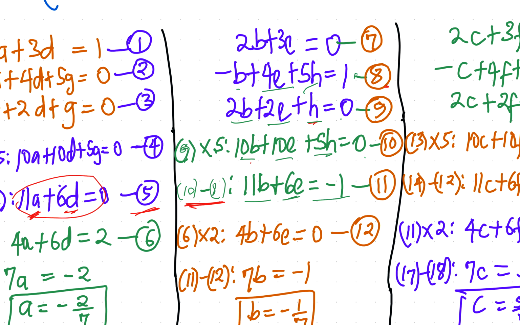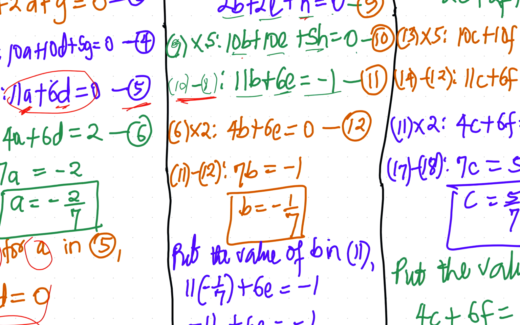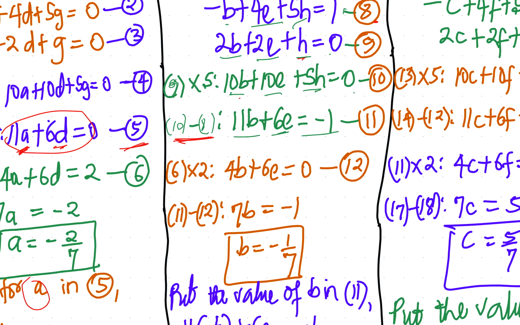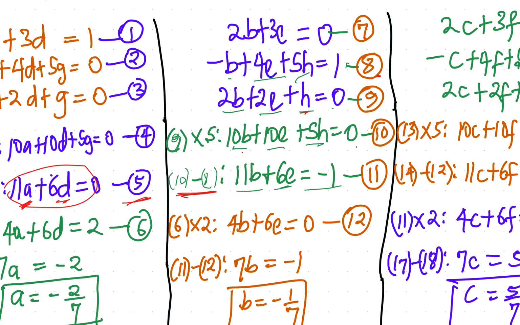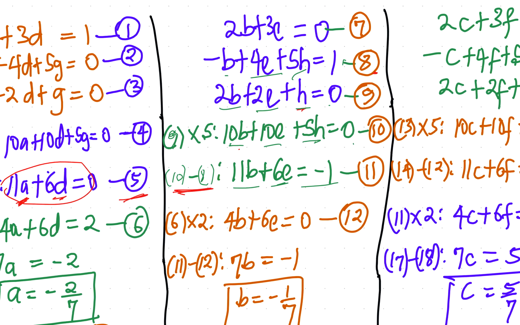So the next thing is to multiply equation 6 by 2. Oh, okay, it's equation 7 now. I think while I was preparing this, I made some changes without changing it all through. So this is equation 7 multiplied by 2.